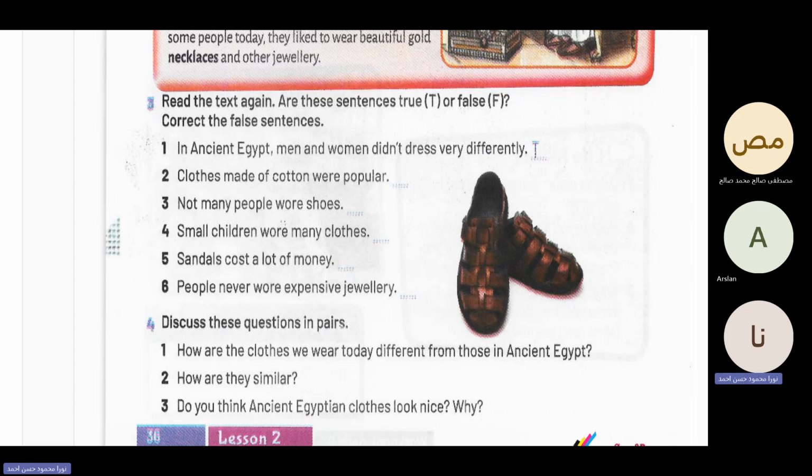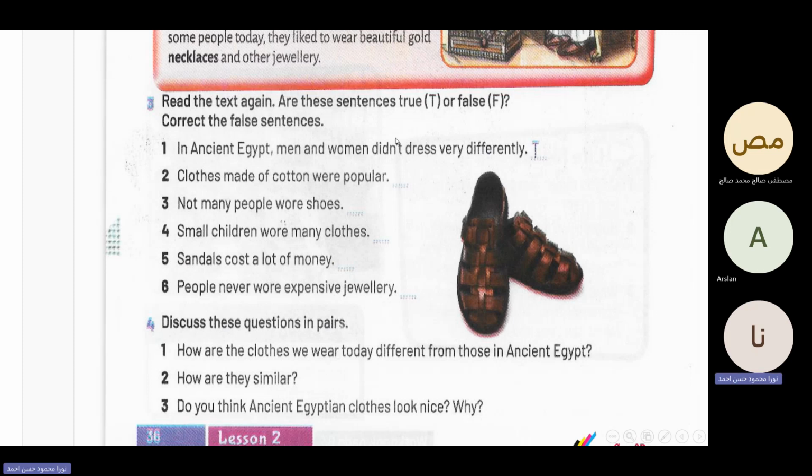Okay, now, are these sentences true or false? And not only this, I want you to correct the false sentences. For example, in ancient Egypt, men and women did not dress very differently.